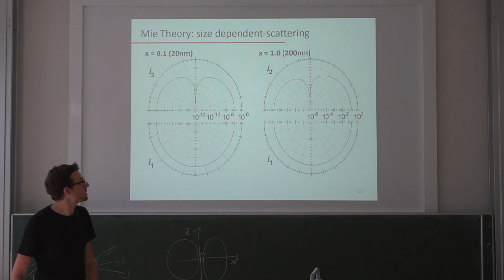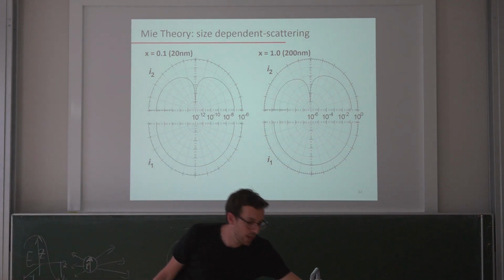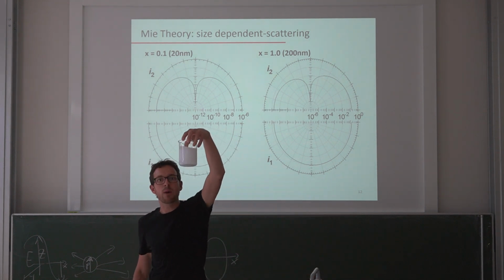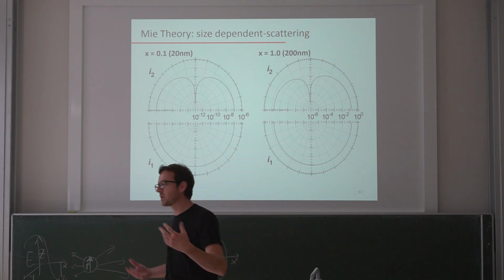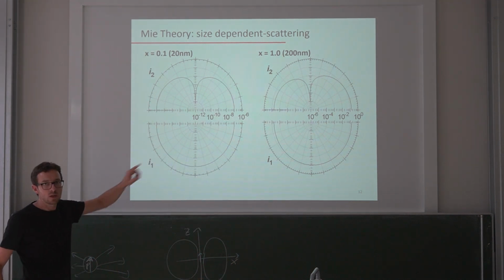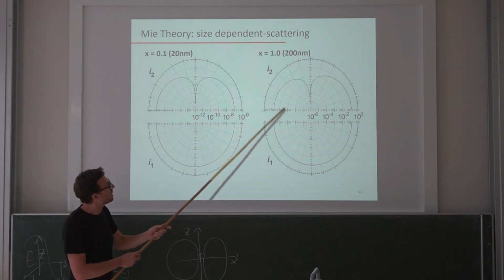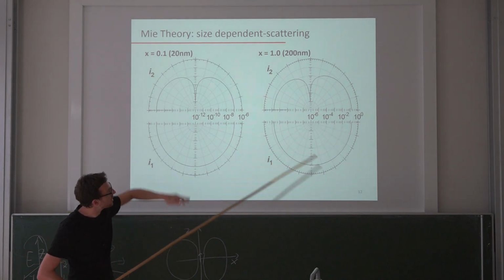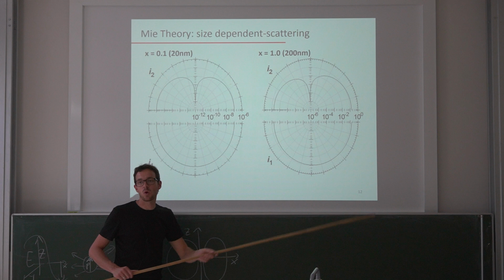Next, x becomes larger, and this x value represents a 200 nanometer radius for the particles. This is approximately what we had here for these much more scattering silica particles. Still there is a donut. Now you clearly see these two wings in this representation, and perpendicular to the donut axis you get a full circle.